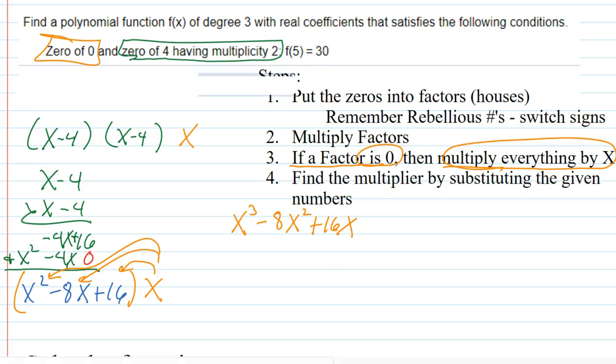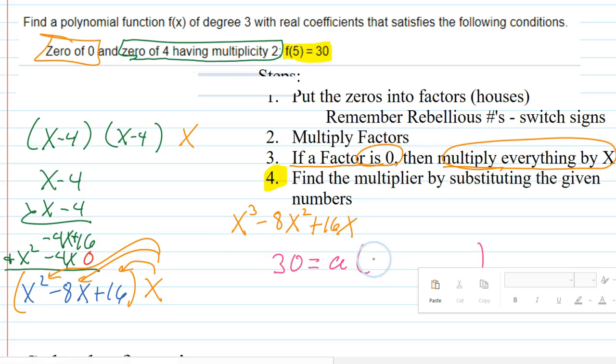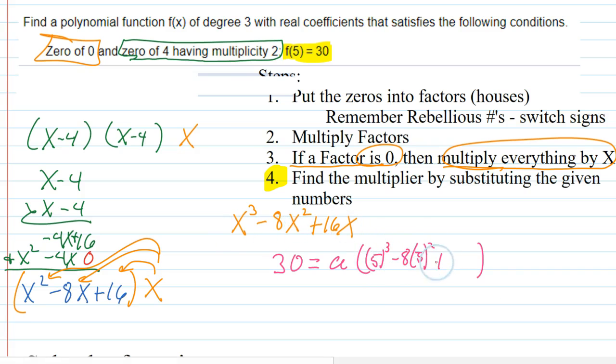But they told me that f of 5 is equal to 30. So now I need to substitute and figure out what the a term is. Remember to always use parentheses when substituting. So we're going to put the 5 everywhere you see an x. Now simplify.